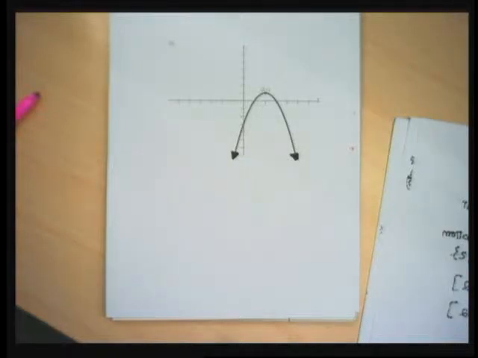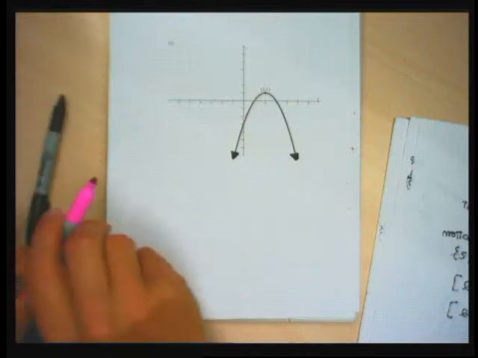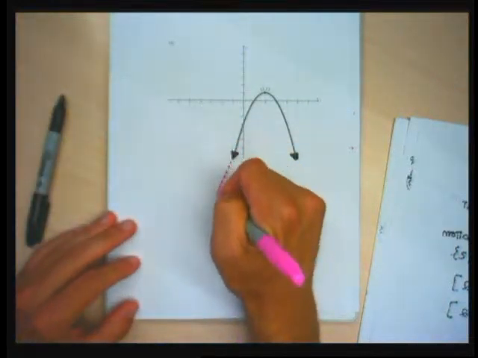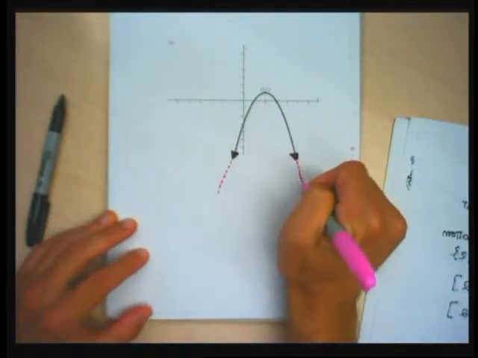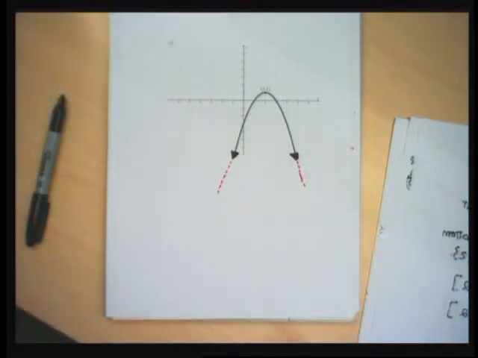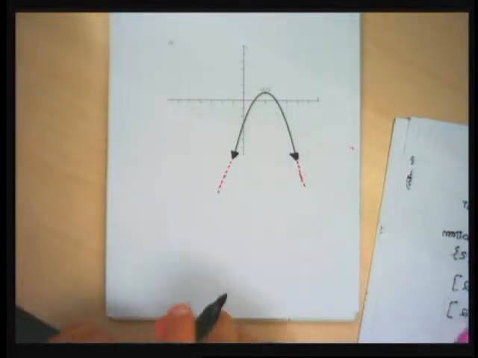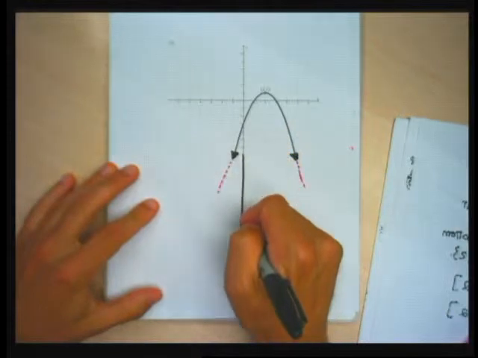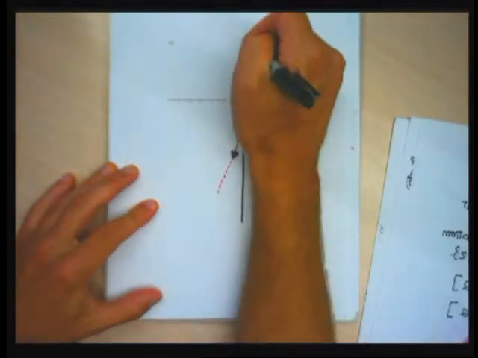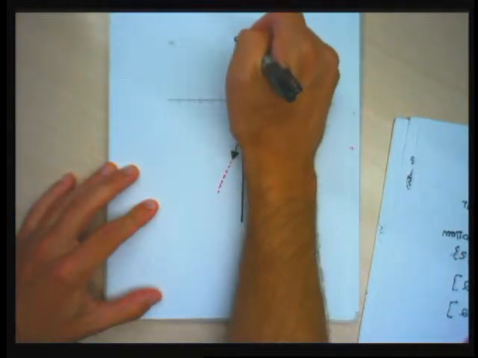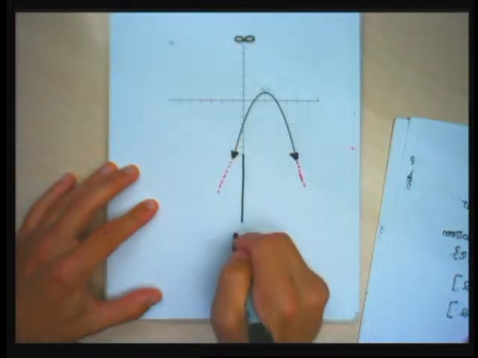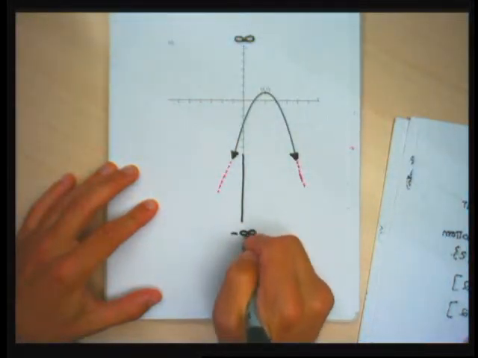And when that happens, I have to extend the graph forever and ever and ever. Of course, I can't do that, so I have to describe where the graph goes. And where this graph is going towards, on the y-axis, the top of the y-axis is a positive y direction. The bottom of the y-axis is a negative y direction.